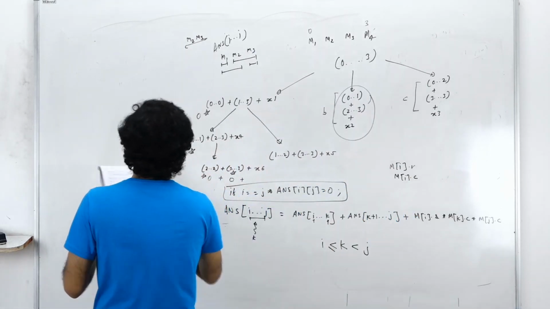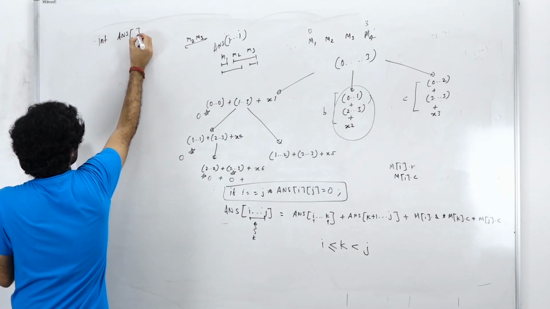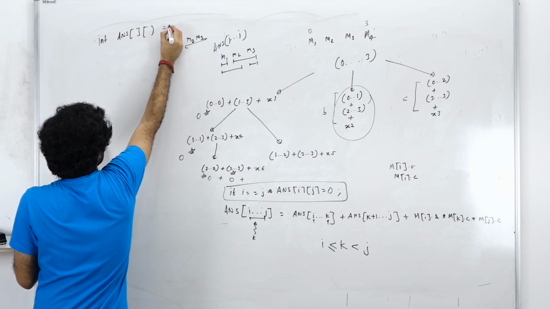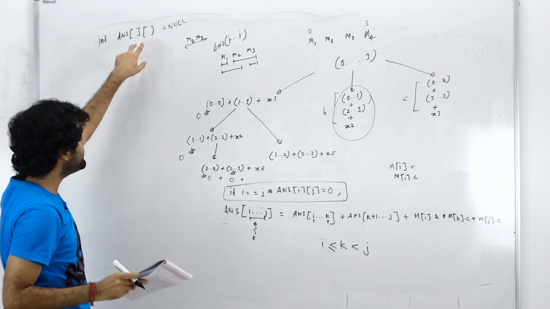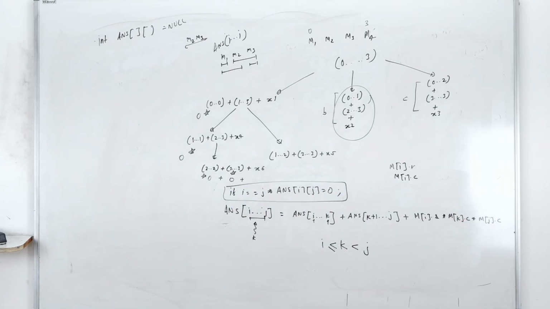So how should my dp matrix look? Let's say this is my answer dp matrix. I am initializing everything to null. If the number of matrices were n, what should be the dimension of my answer matrix?